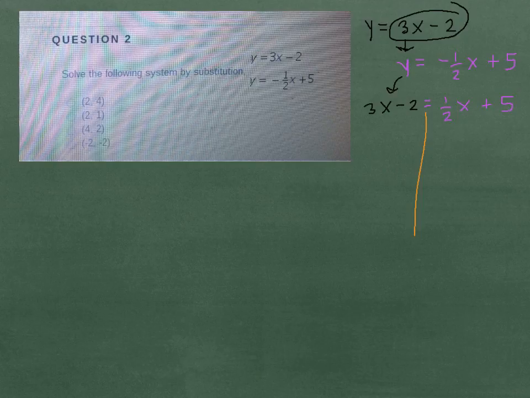I'm going to take away 1/2 x on both sides. 3x's take away 1/2 x is, and I'm going to write this as a decimal. $3 take away $1/2, which is 50 cents, would be $2.50.